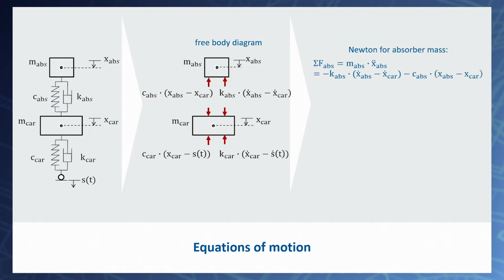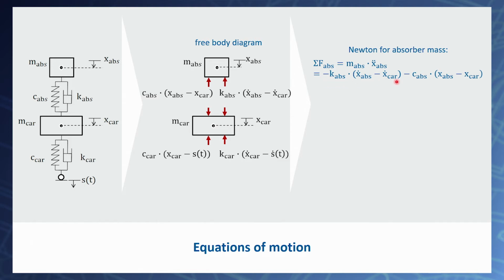And first of all, we can formulate Newton for the absorber mass. And you see that we are just looking at the sum of all forces equal to mass times acceleration. And the forces that we see are just the two forces coming, first of all, from the spring that connects the absorber mass and from the damper that connects the absorber mass.